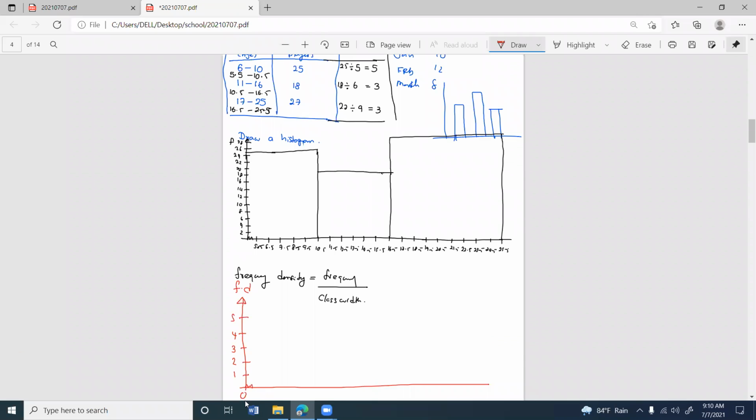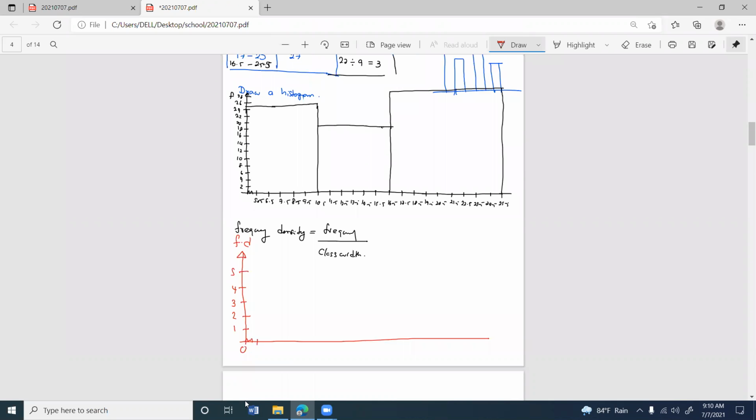It starts with 5.5, 6.5, 7.5, 8.5, 9.5, 10.5, and continues 11.5 up to 25.5.